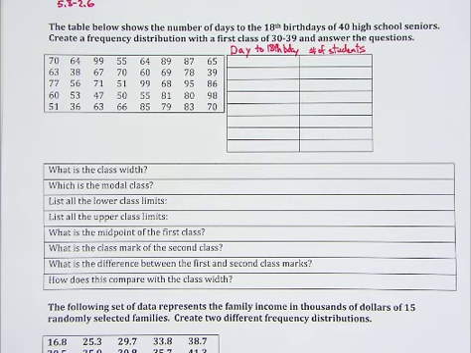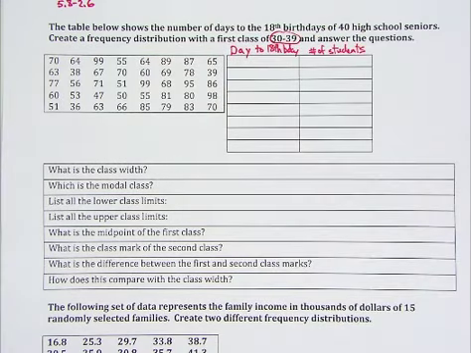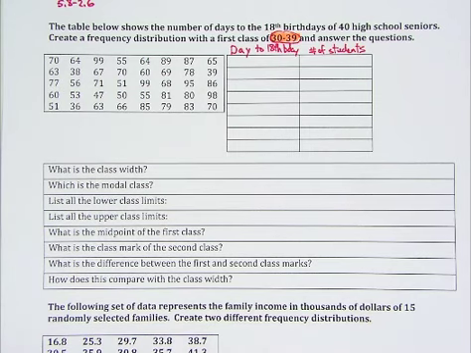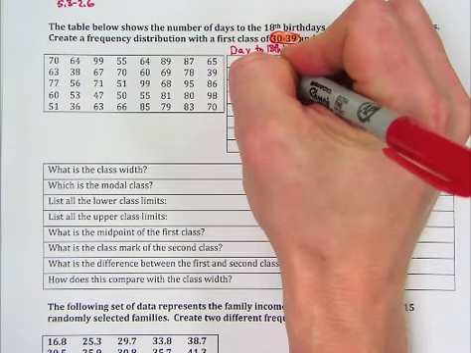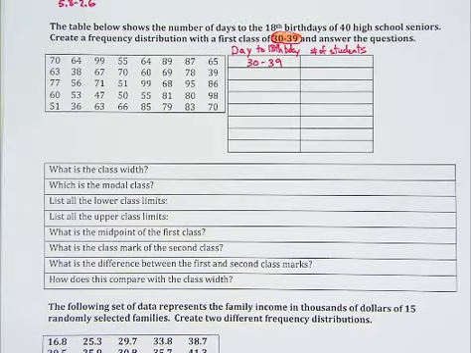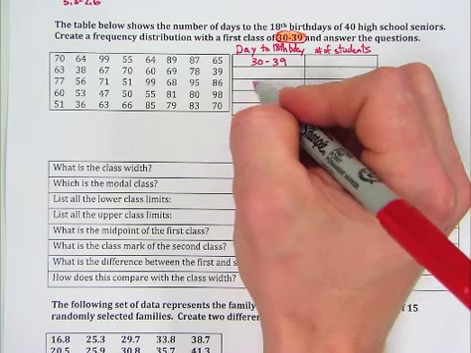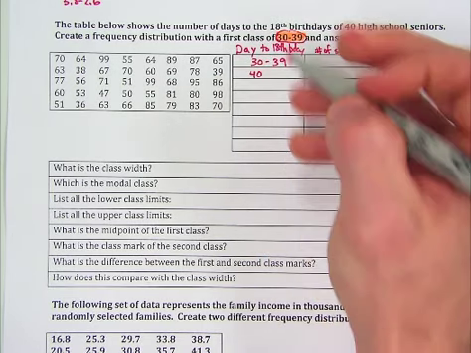Okay, so let's just deal with the classes first. They said the first class is 30 to 39, so that was given for us right there. So we just list 30 to 39. And then we just follow the same patterns that we've been doing. So here 39 will lead to 40. You can see the class width is 10.